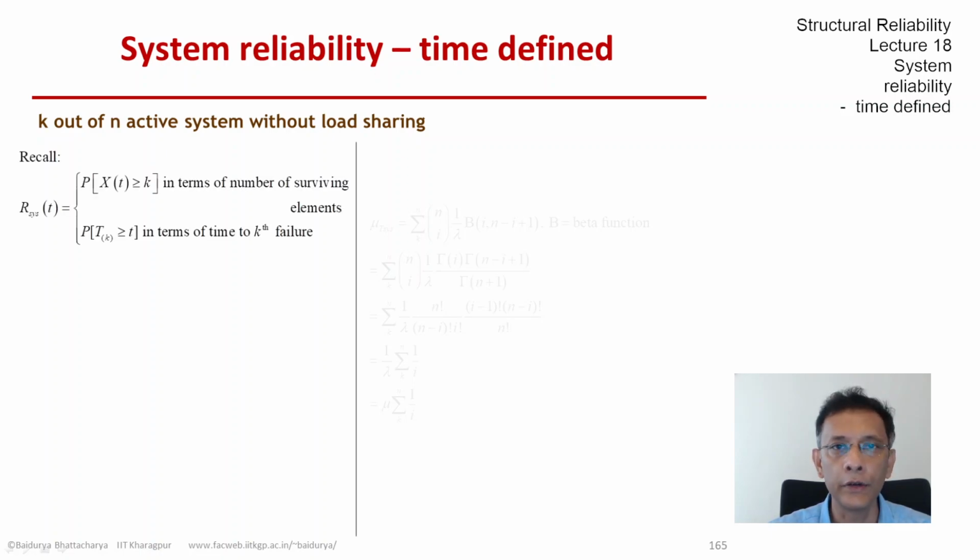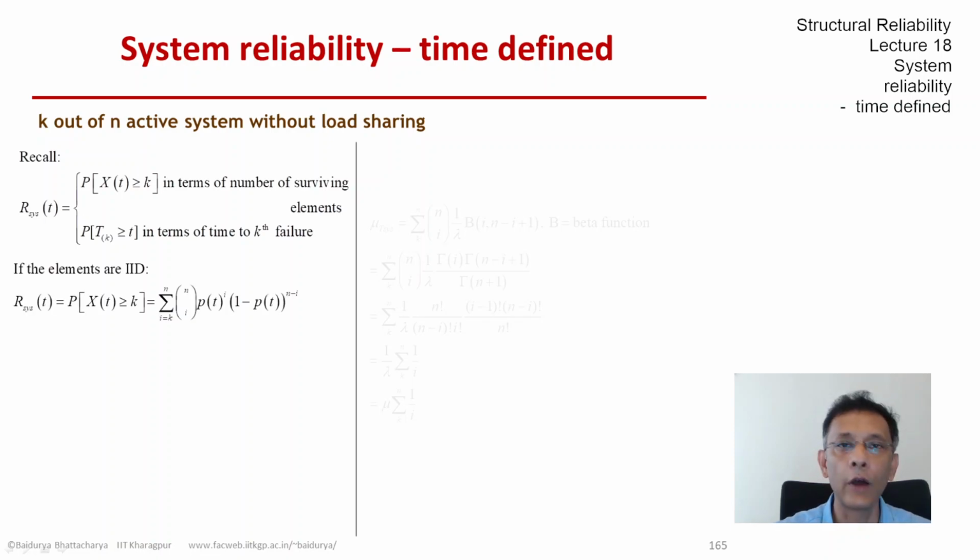Recall that we discussed at the beginning of this lecture that the system reliability is equivalently stated as the probability that at least k units of the system are up at time t, or T sub (k), the kth order statistic, is at least t or higher.